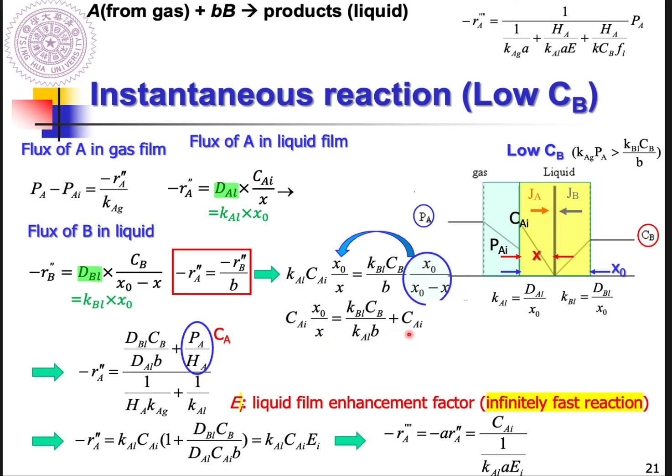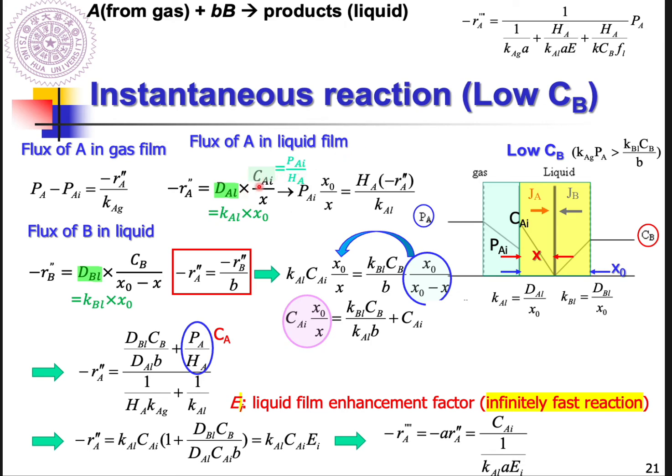And here, we need to deal with CAI because, as we mentioned, it is very difficult to measure the concentration of A at the interface. So what information we have here is CAI equals PAI divided by HA.